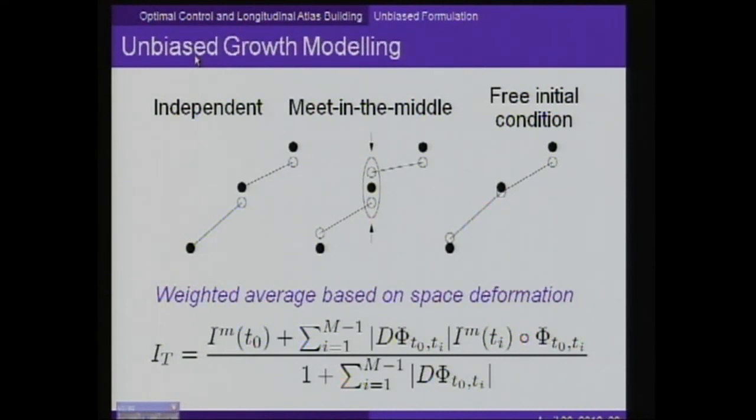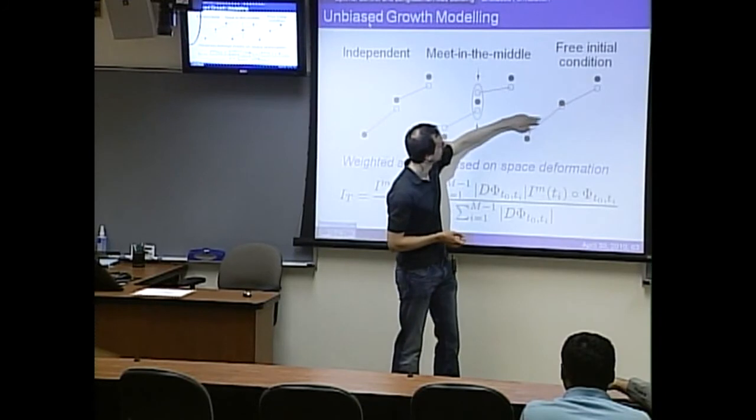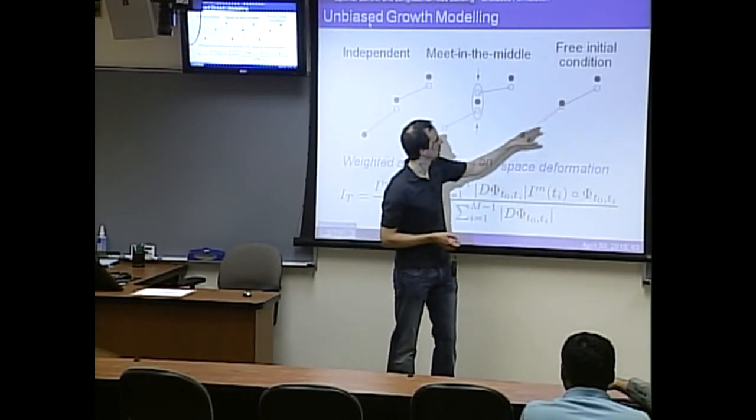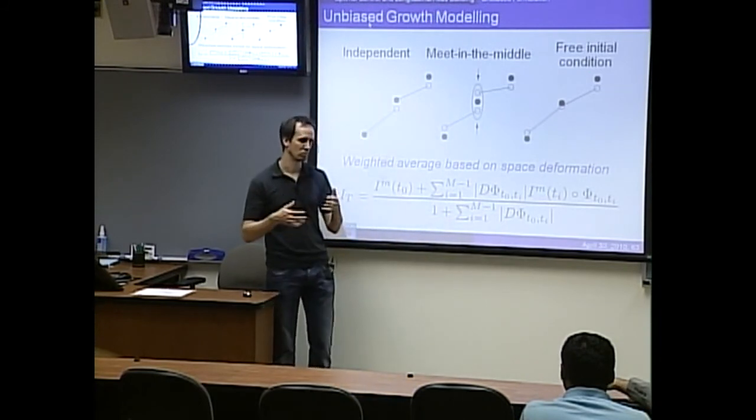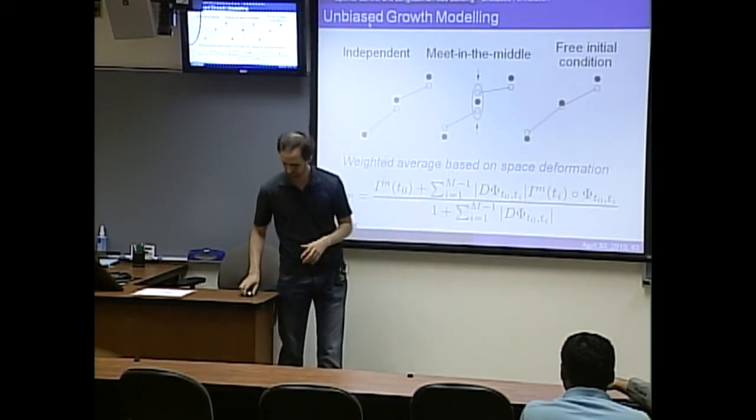But the weighting is not just taking a mean of the intensity values, it needs to be weighted based on the amount of transformation an image underwent. So if you're representing everything here, then if you pull this to here, if you pull that to here, then the amount of deformation needs to be incorporated into the weighting scheme to really estimate this properly.